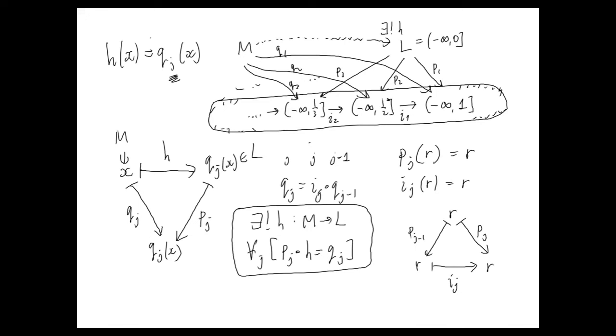That's the first question to settle. And the second question to settle is whether this value actually lives in L at all or not. Is this actually an element of L?